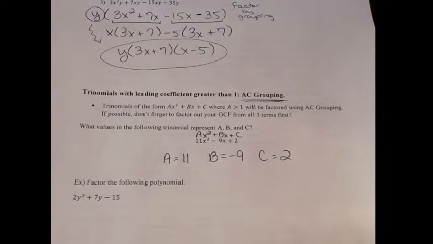That should be the very easy part. Being able to say, oh yeah, I have a trinomial of the form ax squared plus bx plus c. I know what a is, I know what b is, and I know what c is.